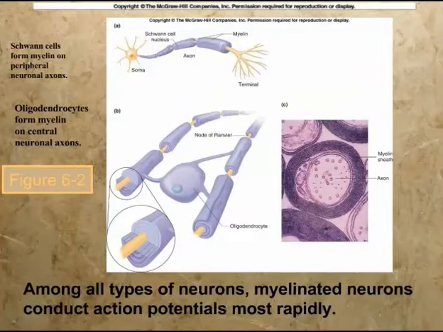The importance of myelinated neurons can be seen in the so-called demyelinating diseases, which result in myelin being removed from neurons in both the central nervous system and the peripheral nervous system. Probably the best known of these is multiple sclerosis. A large part of the pathology of multiple sclerosis, or MS, is that the myelin sheaths of the neurons are broken down, probably by attack from the body's own immune system.